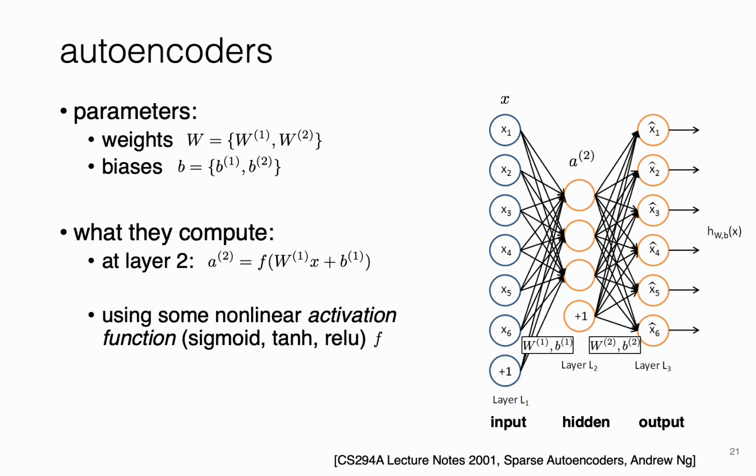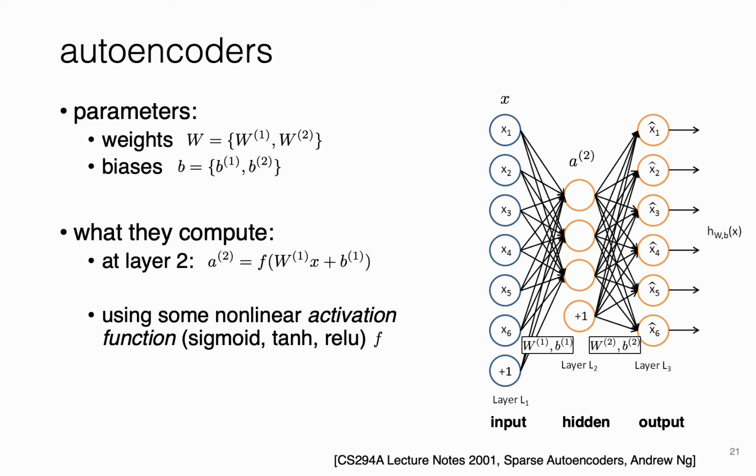Let's see how we get the values of the hidden and output layers, a superscript 2 and x hat respectively. At a unit in the hidden layer, first all inputs are weighted by a row of the matrix W superscript 1. Then they are summed and a bias term is added. Finally, some nonlinear activation function is applied. This can be the sigmoid function or the rectified linear unit ReLU, for example.